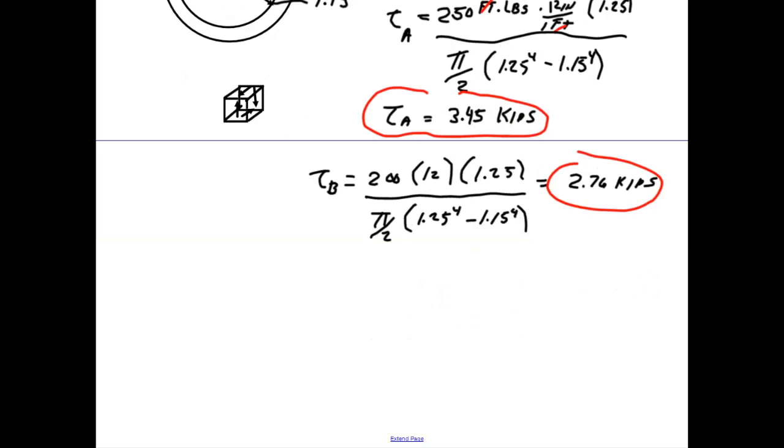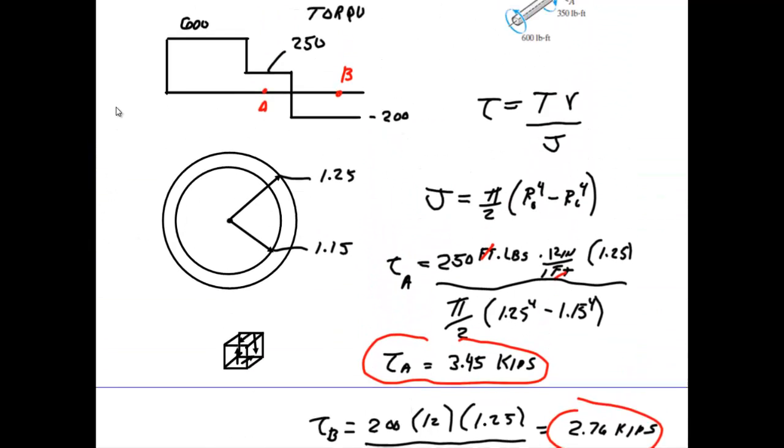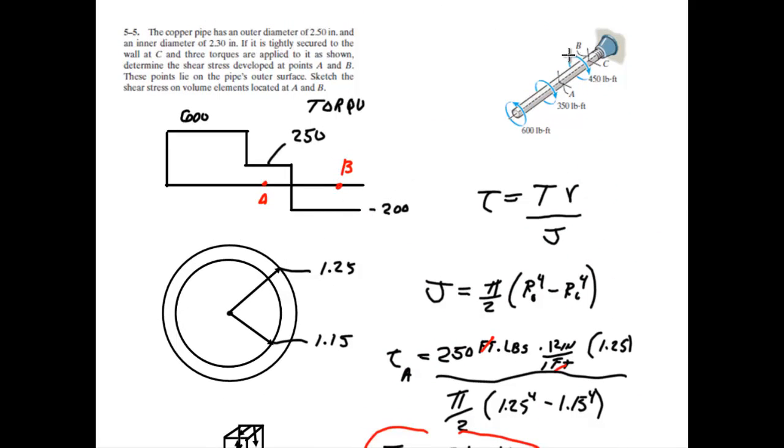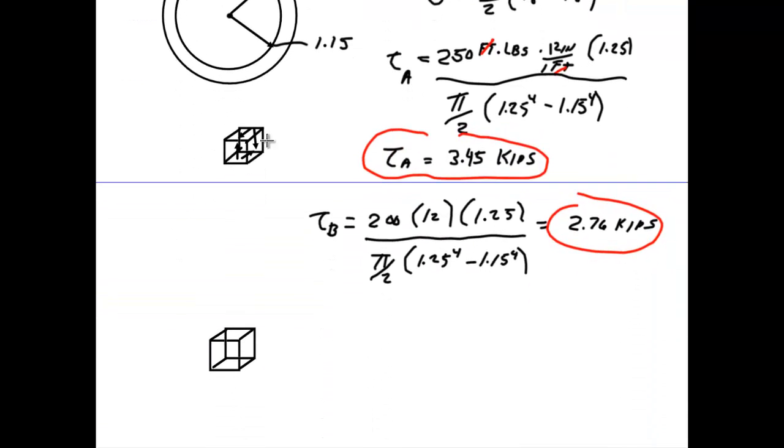Now let's draw your shear element. Draw an element like this, and draw one behind it, with lines connecting them. Since the torque we know is going in this direction, 200, we're going to be shearing across this front face, so we draw this arrow to go this way.